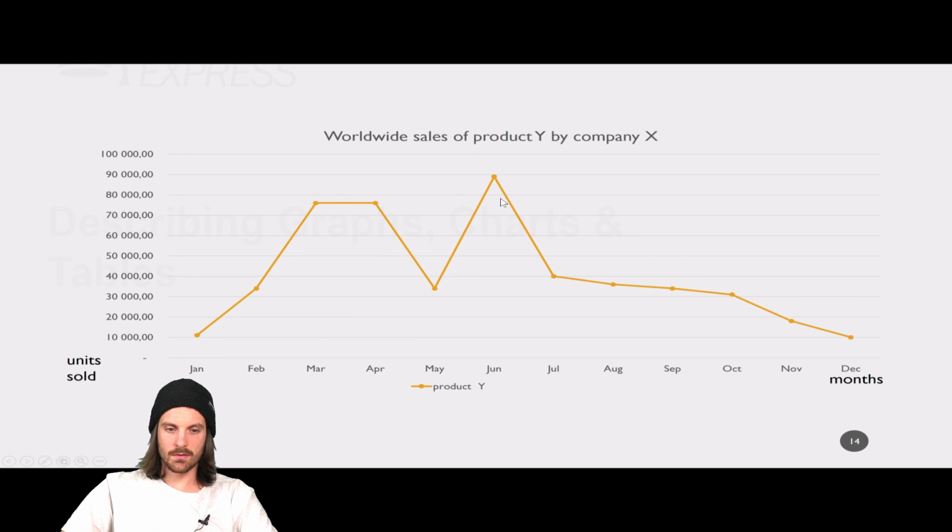If you compare these two, in these 1, 2, 3, 4, 5 months, they sold 80,000 more units. So I think very successful. But then it goes down.